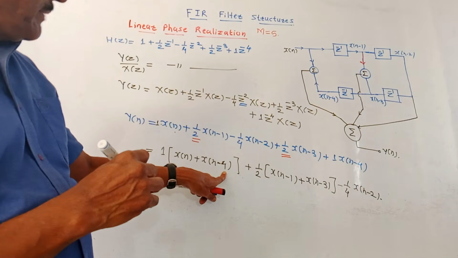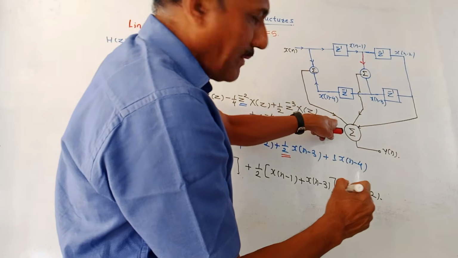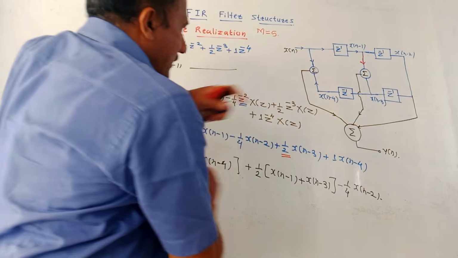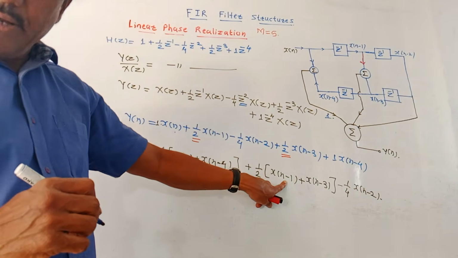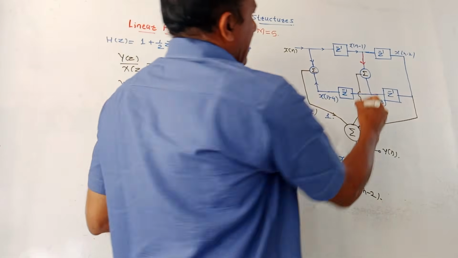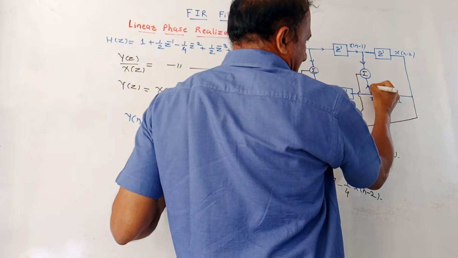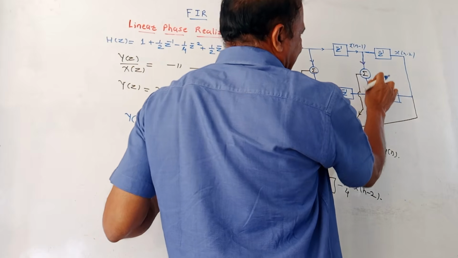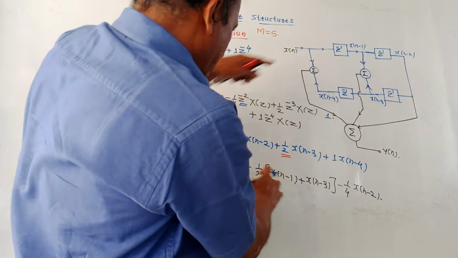First term is x of n plus x of n minus 4. So this is x of n plus x of n minus 4 multiplied with coefficient 1. So I will write here coefficient 1. Next term, 1 half x of n minus 1 plus x of n minus 3. From this you are getting x of n minus 1. From this you are getting x of n minus 3 after passing through this delay. So taking addition of these two terms should be multiplied with 1 half.